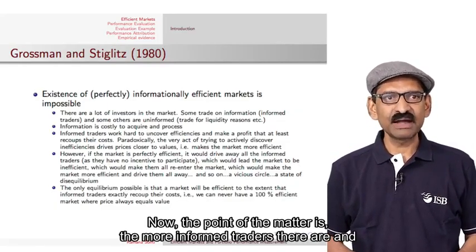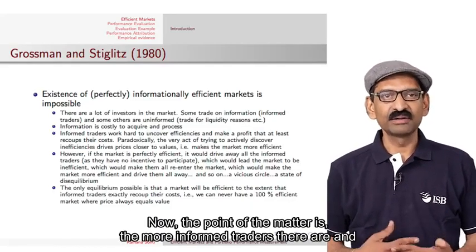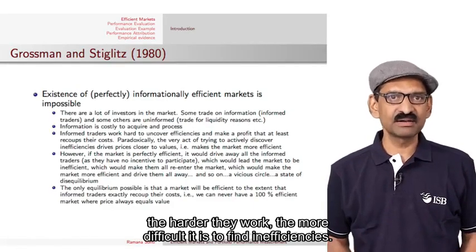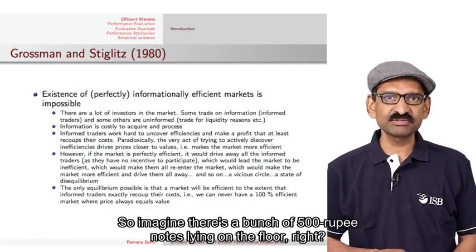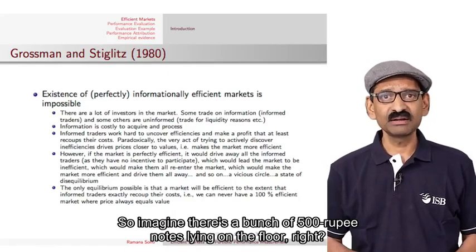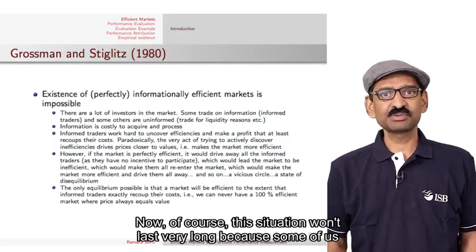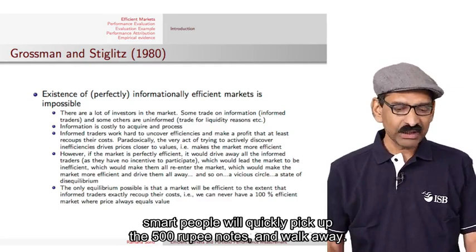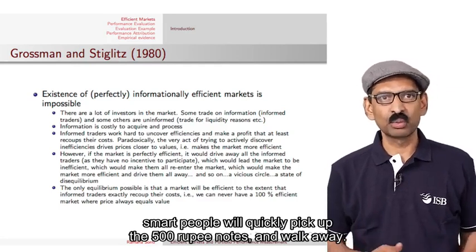Now, the point of the matter is, the more informed traders there are and the harder they work, the more difficult it is to find inefficiencies. So imagine there's a bunch of 500 rupee notes lying on the floor. Of course, this situation won't last very long because some of us smart people will quickly pick up the 500 rupee notes and walk away.